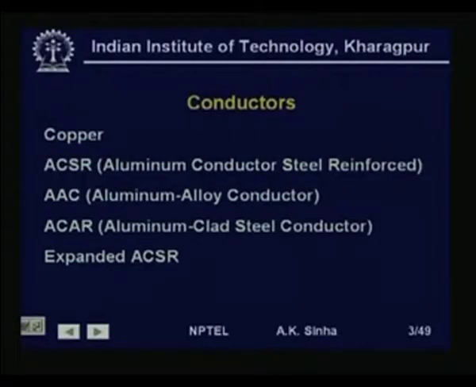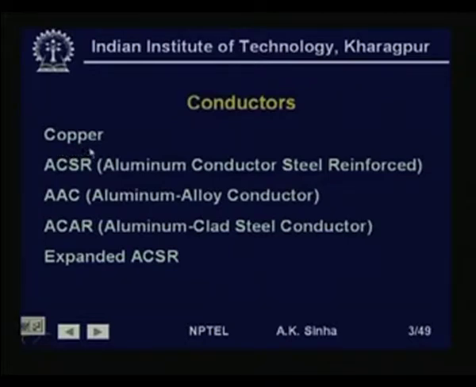We had said that the overhead transmission lines, which we will be dealing with mostly, use bare conductors, that is conductors which do not have any insulation on top, because they will be exposed to atmosphere and therefore, they can dissipate heat much faster, and so they can be worked at higher current levels. Now, the type of conductors that we use are normally copper conductors.